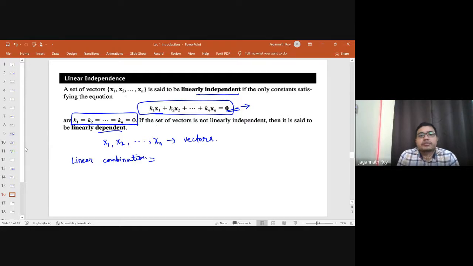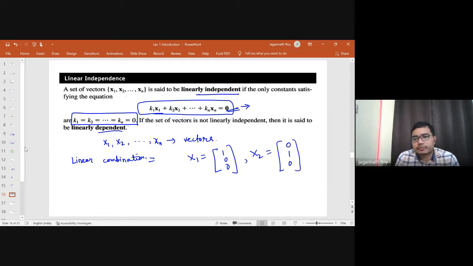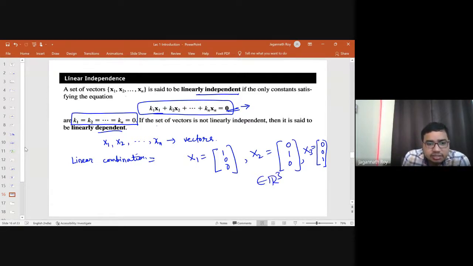For example, take x1 as (1, 0, 0), x2 as (0, 1, 0), let us consider the trivial case, and x3 as (0, 0, 1). So all are vectors of R3. Let us consider constants K1, K2, K3.